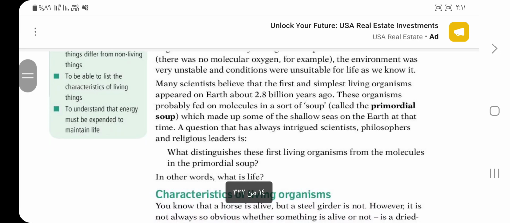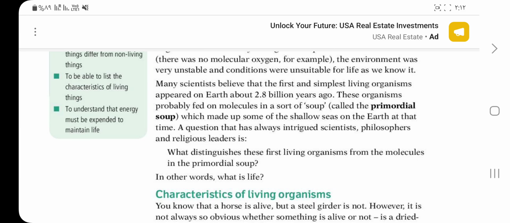Many scientists believe that the first and simplest living organism appeared on Earth about 2.8 billion years ago, and this organism probably fed on molecules in a sort of soup.